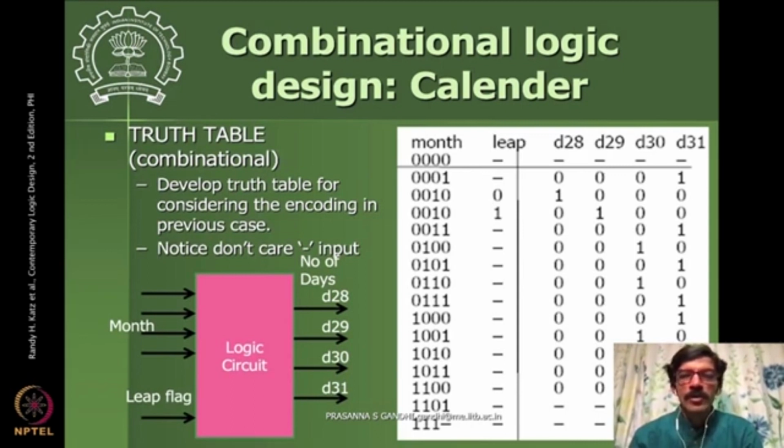So the important thing to note here is that there is no notion of memory. Given a combination of inputs, you will have a combination of outputs. Whatever conditions we are describing are not based on remembering that previously this was something and now it is something different.